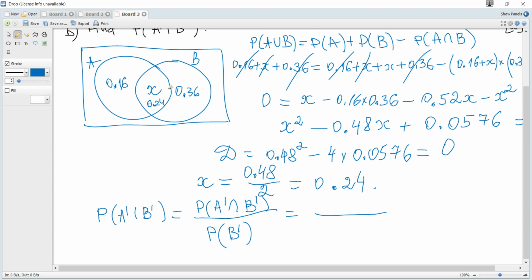x is 0.24, so not B is outside circle B, so it's 1 minus 0.24 minus 0.36.